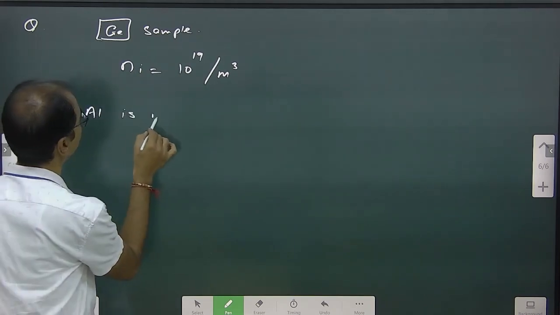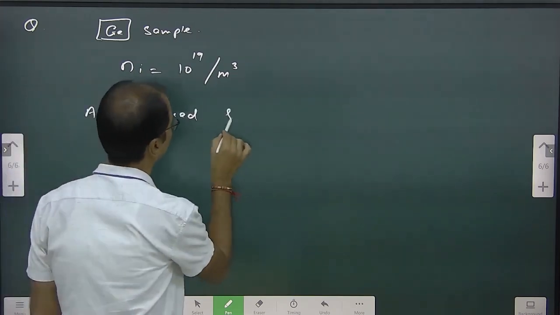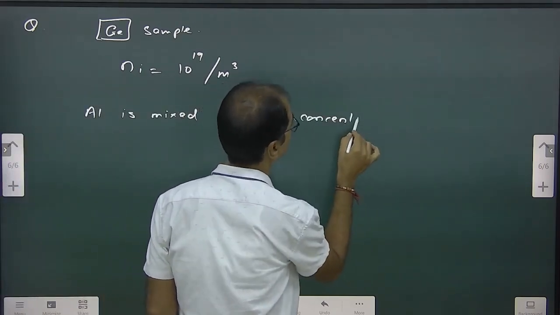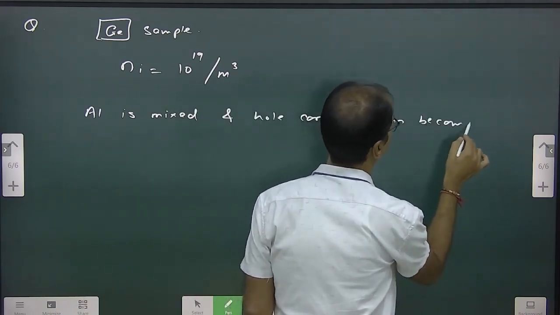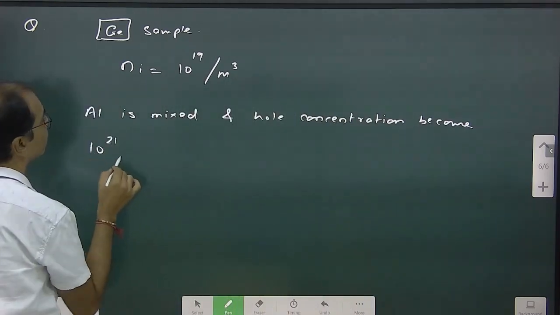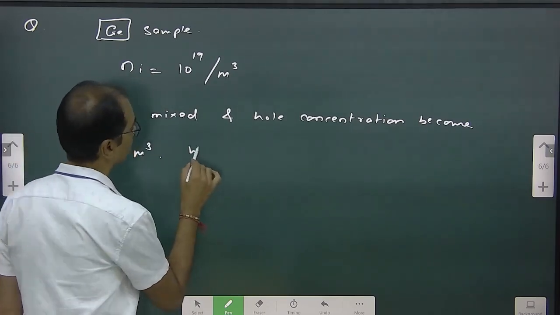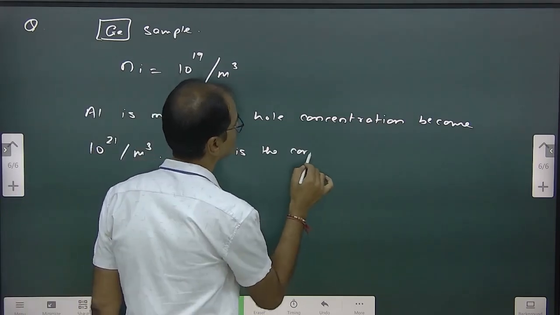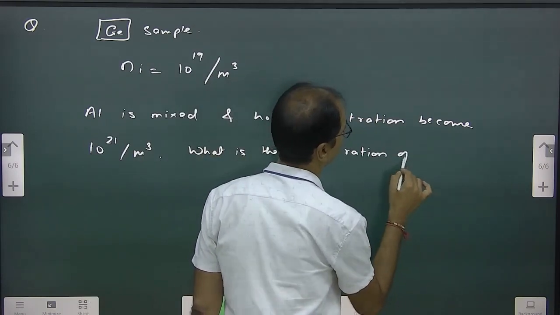Aluminium is mixed, and the hole concentration becomes 10 to the power 21 per cubic meter. The question asks: what is the concentration of electrons?